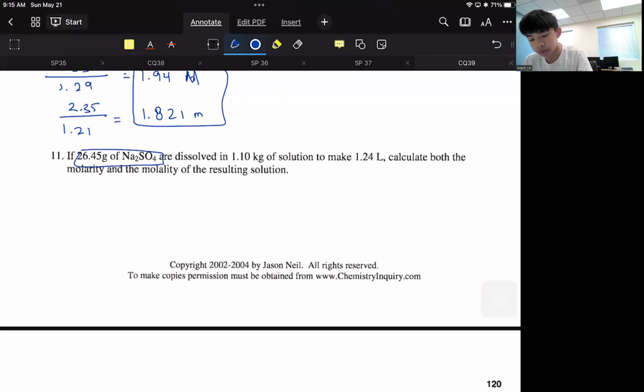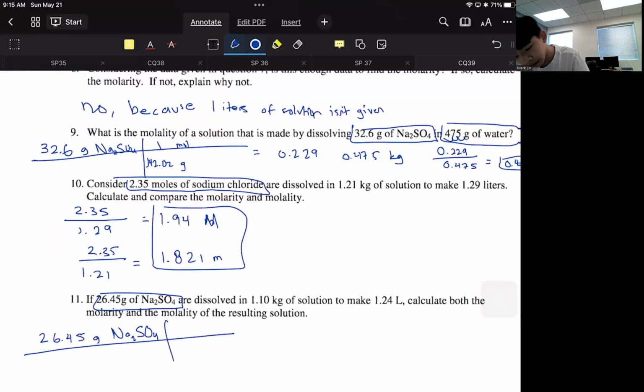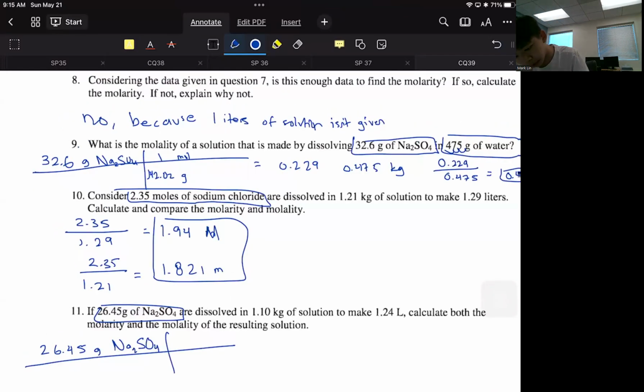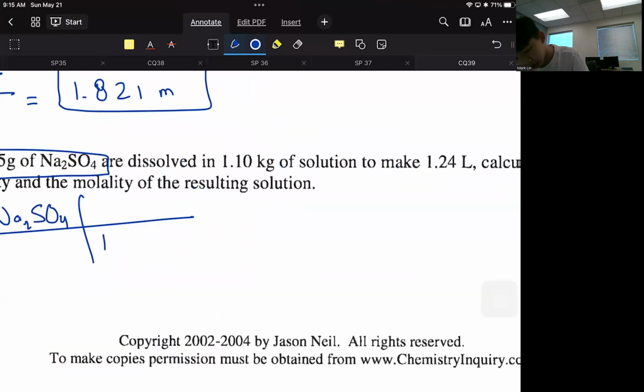To go from grams to moles, it's gonna be molar mass. We found out earlier that the molar mass of Na2SO4 is 142. You divide this out, it's gonna be 0.186 moles.